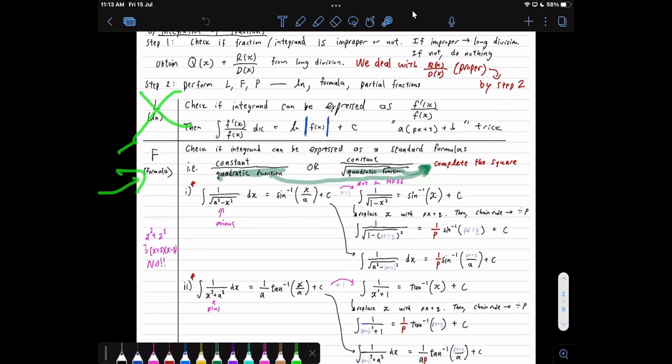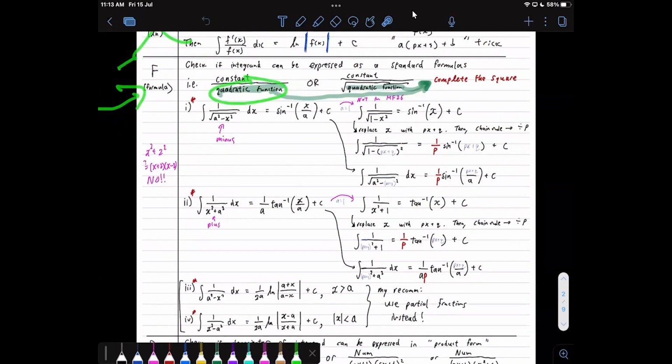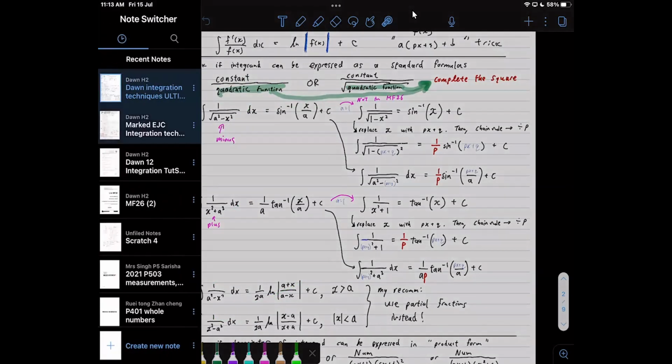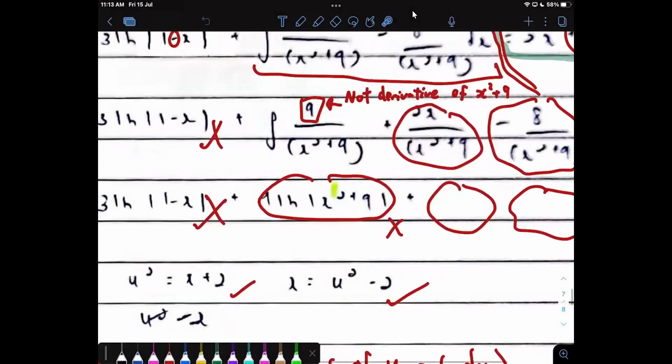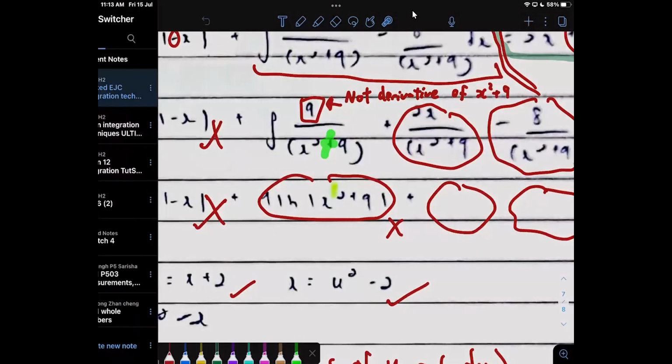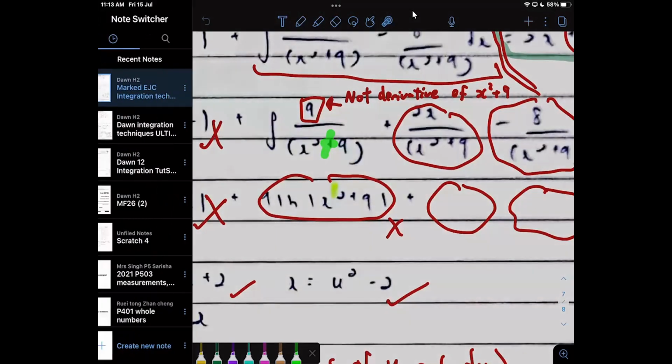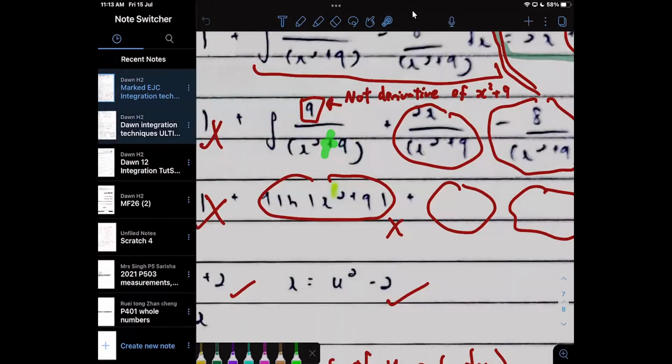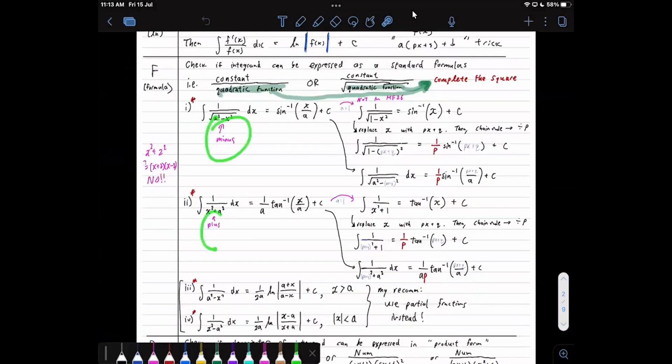Then now we move on to F. Which formula? You've got a quadratic function. Yes, you complete the square. You're correct. But then which one would it be? Maybe you forgot already. It's an x squared plus 9. In fact, you don't even need to complete the square. It's already a quadratic and a constant. It's a plus. So which one is it? Minus, plus, minus, minus.